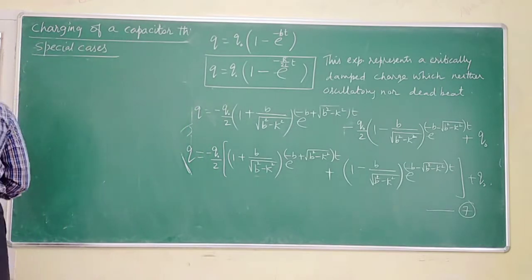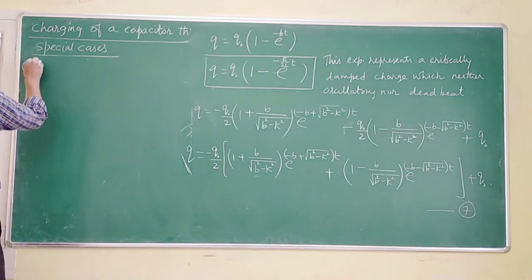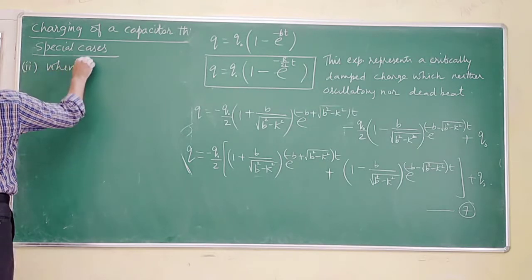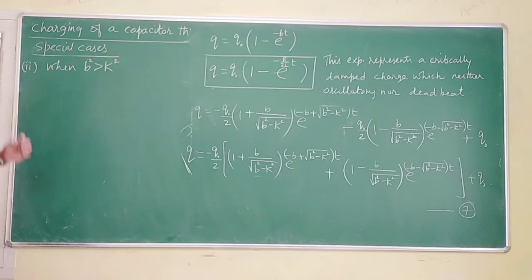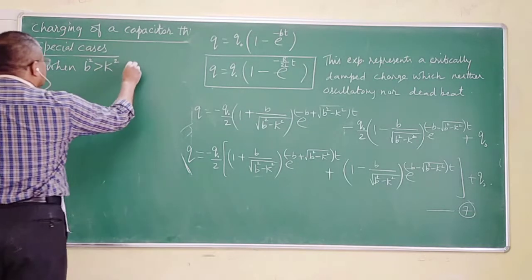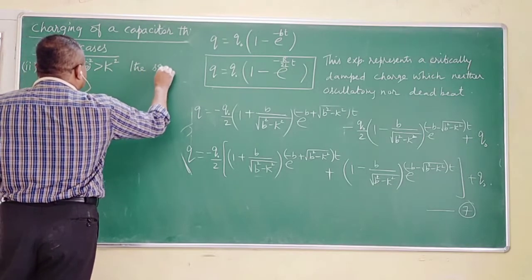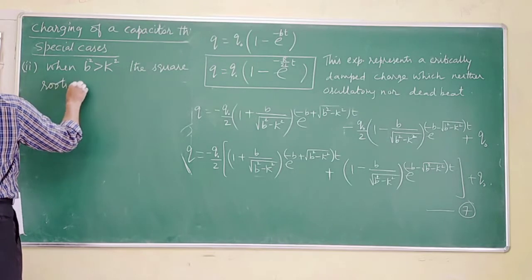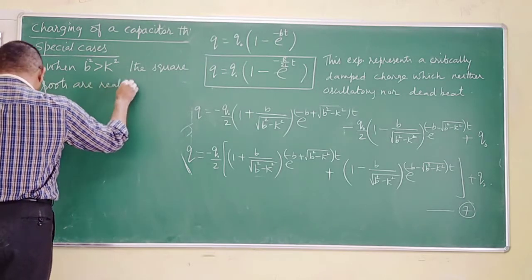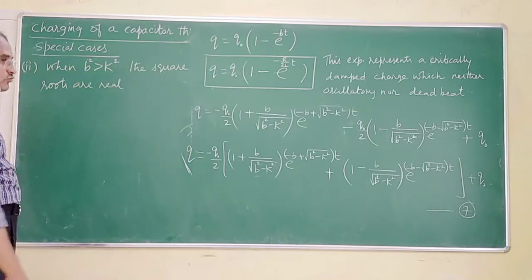My next case is case 2, when b squared is greater than k squared. When b squared is greater than k squared, the square roots are real. What does it mean?